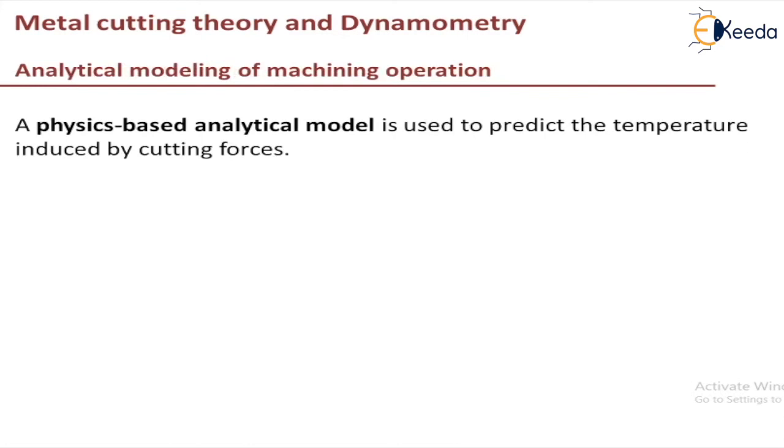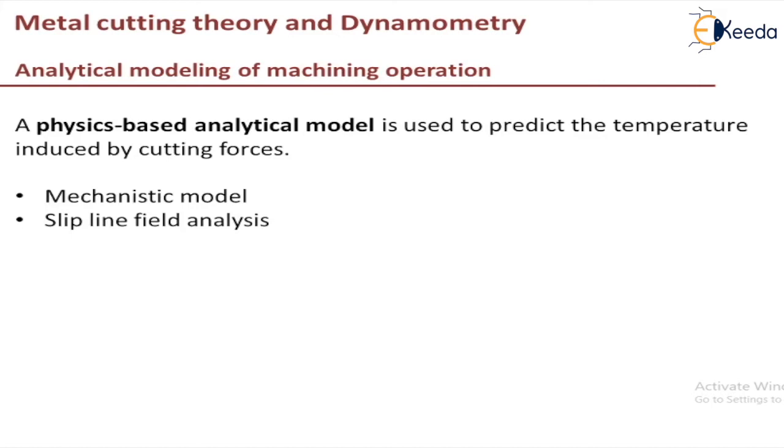What is analytical modeling? Basically you use a physics based analytical model to predict the temperature, that is performance, induced by the cutting forces. So you use certain models like the mechanistic model and slip line field analysis.